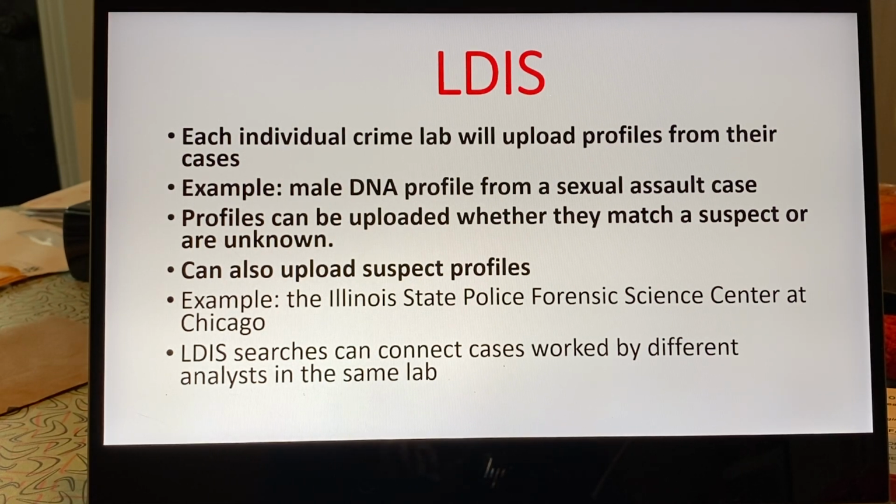This would tell us if perhaps 2 cases within the lab were connected, or even better, what if a case that didn't have a suspect connected to a local case that did have a suspect that matches? Now you've solved 2 cases, okay? But it was within just our lab only. That's what LDIS is.